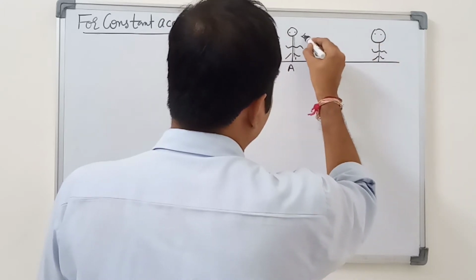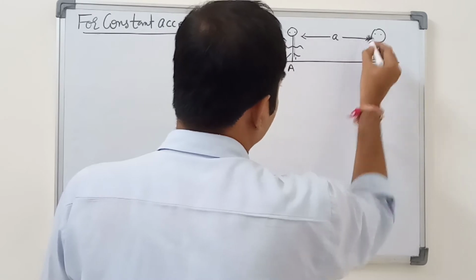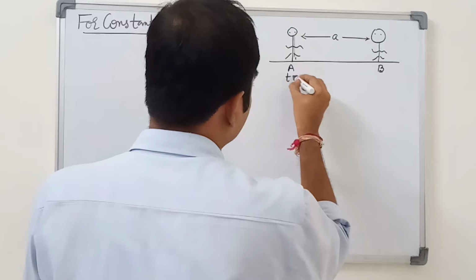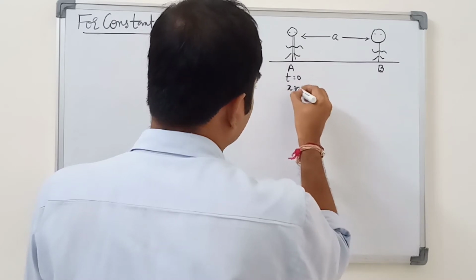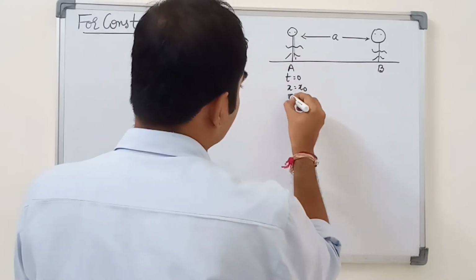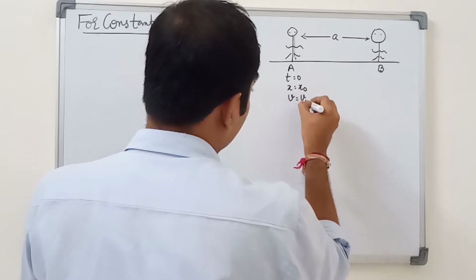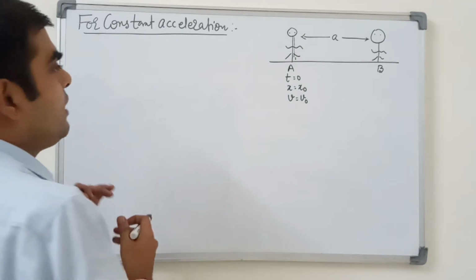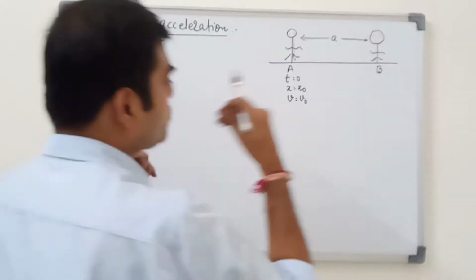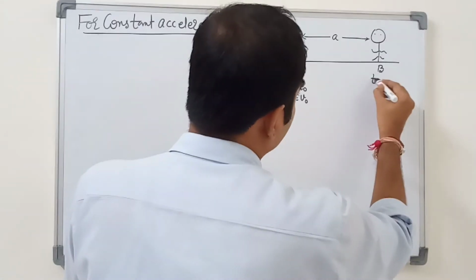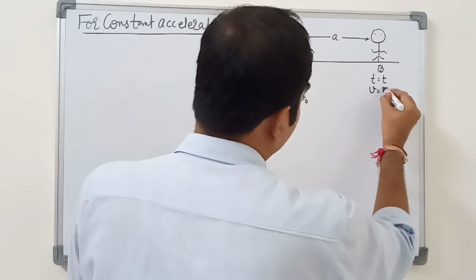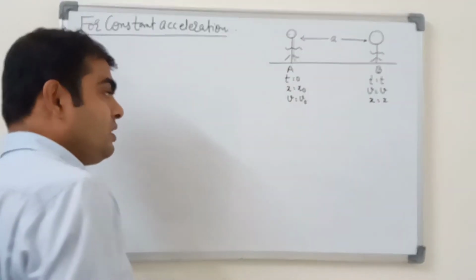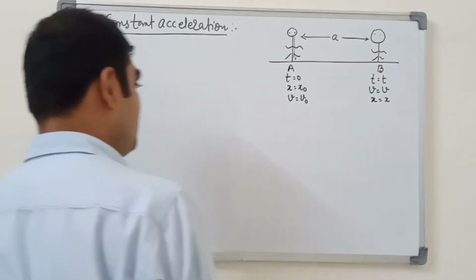So first, point A is the initial point: at time t equal to 0, x is equal to x naught, the initial displacement, and velocity v is equal to v naught. Now taking time t, the object moves from A to B, and at t is equal to t, v is equal to v, and x is equal to x. It means A holds the initial values and B holds the final values.